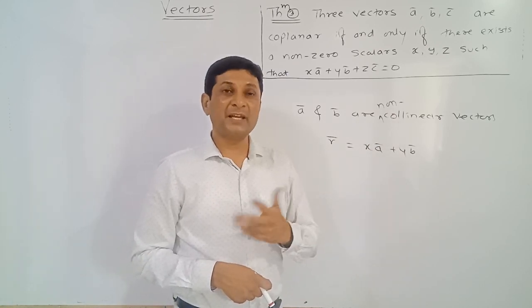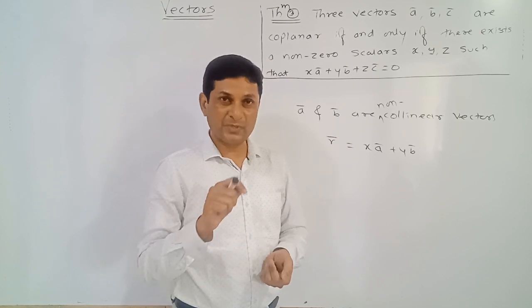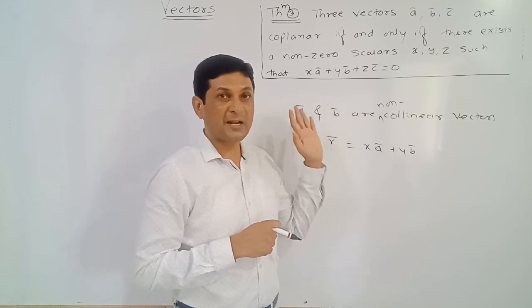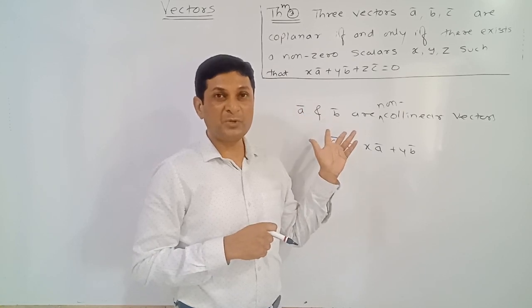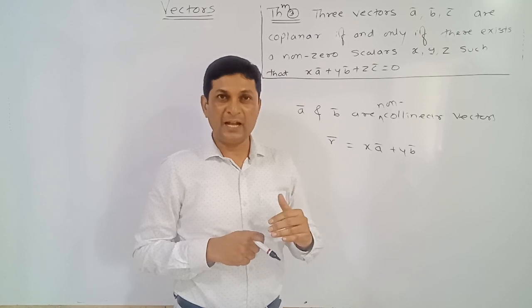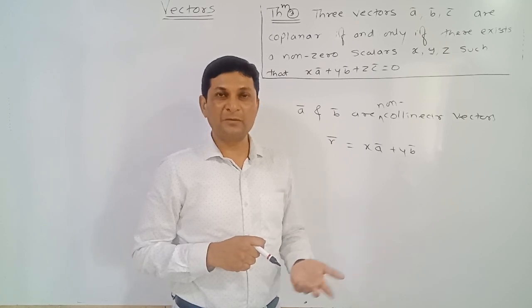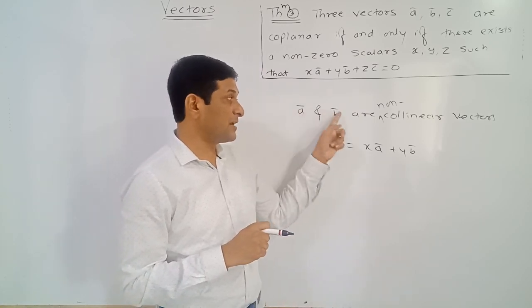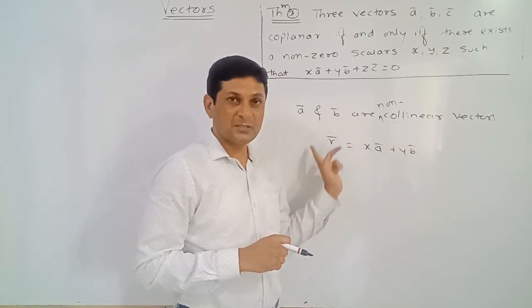According to the second theorem, this new vector R bar exists in the plane of A bar and B bar, meaning A bar, B bar, R bar lie in the same plane. Since these vectors lie in the same plane, we can say that the vectors are coplanar.